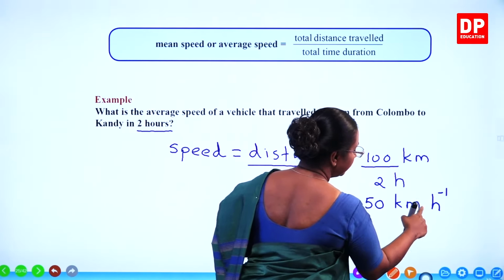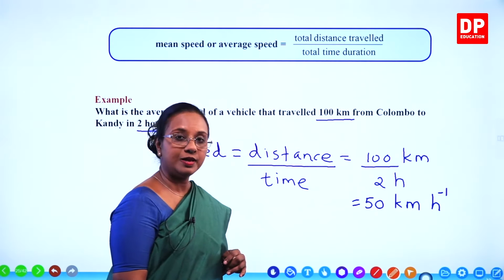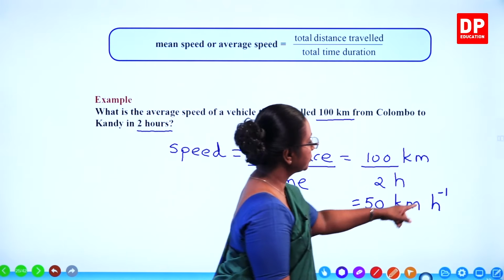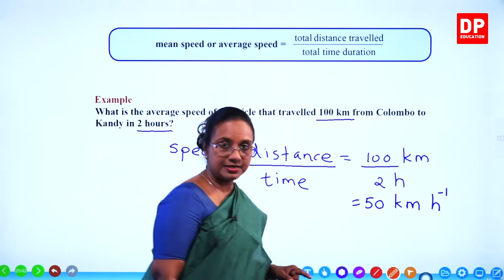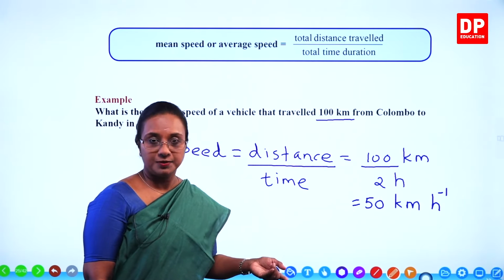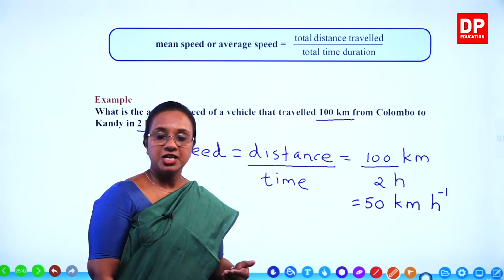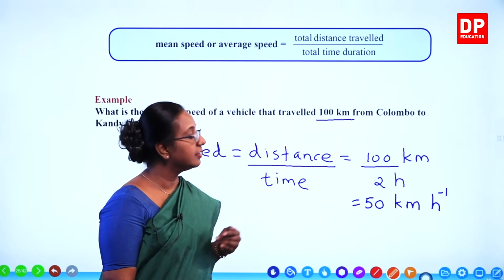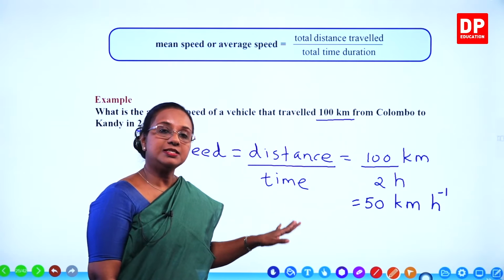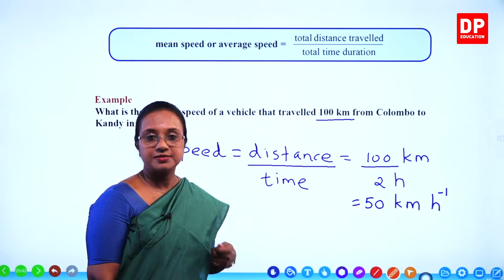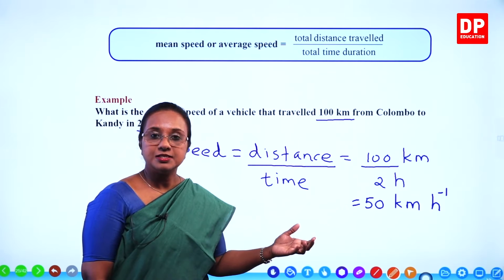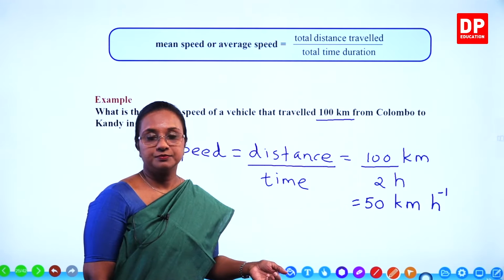As you can see, there is a space between kilometer and hour, and the -1 states it is per hour. The rate of change of distance with time. So this is another way of expressing speed when the distance is long.